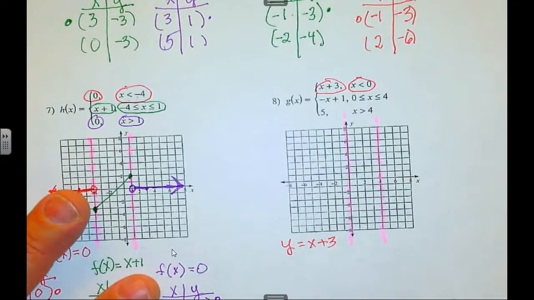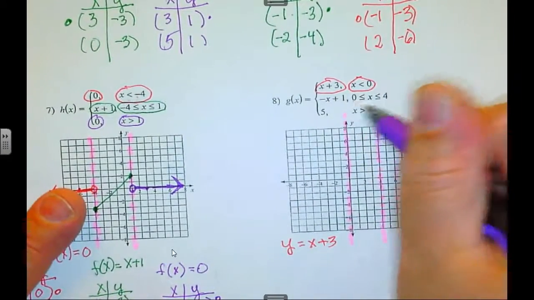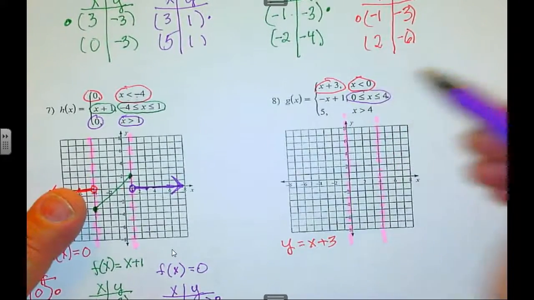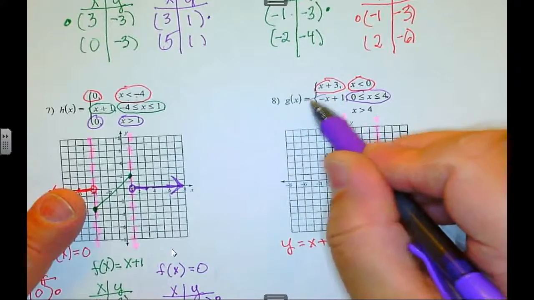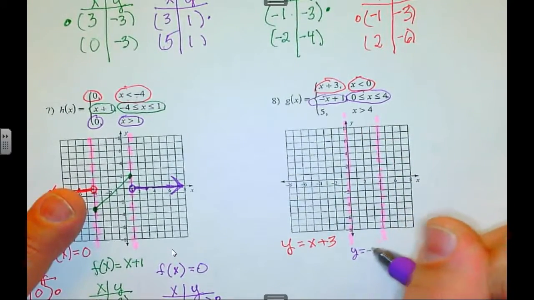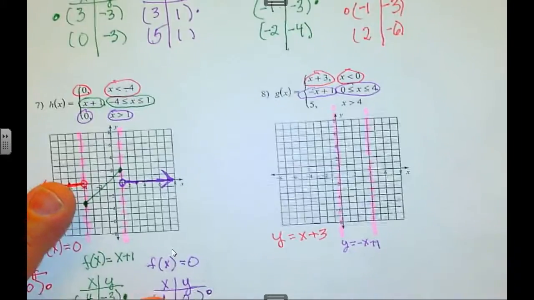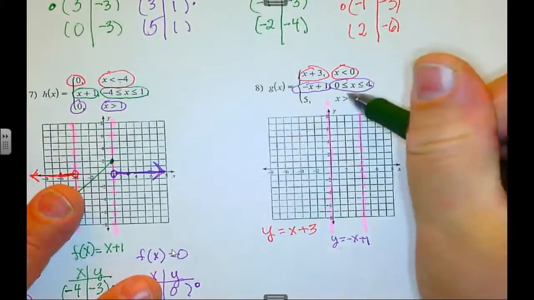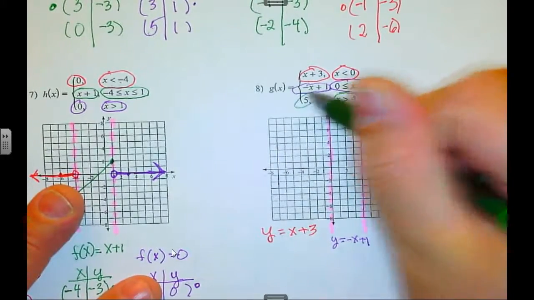Okay, in between 0 and 4 is negative x plus 1. So y equals negative x plus 1. And then lastly, anything greater than 4 is 5.